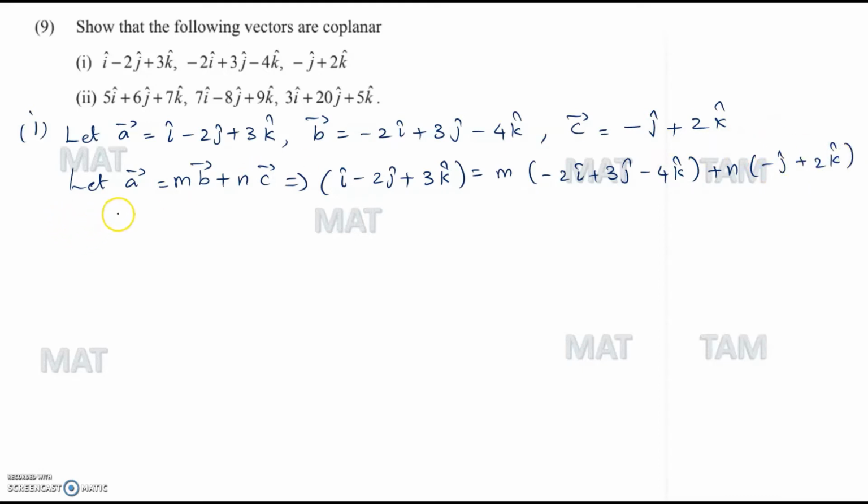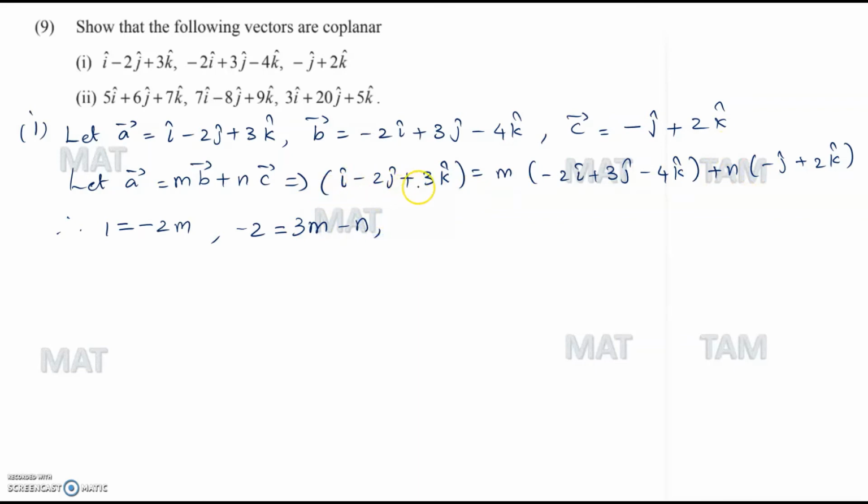Now let's equate the coefficients of i cap from the left hand side and right hand side. Therefore, 1 is equal to minus 2m, since vector C's coefficient of i cap is 0. Similarly, taking the coefficient of j cap, we have minus 2 equals 3m minus n.